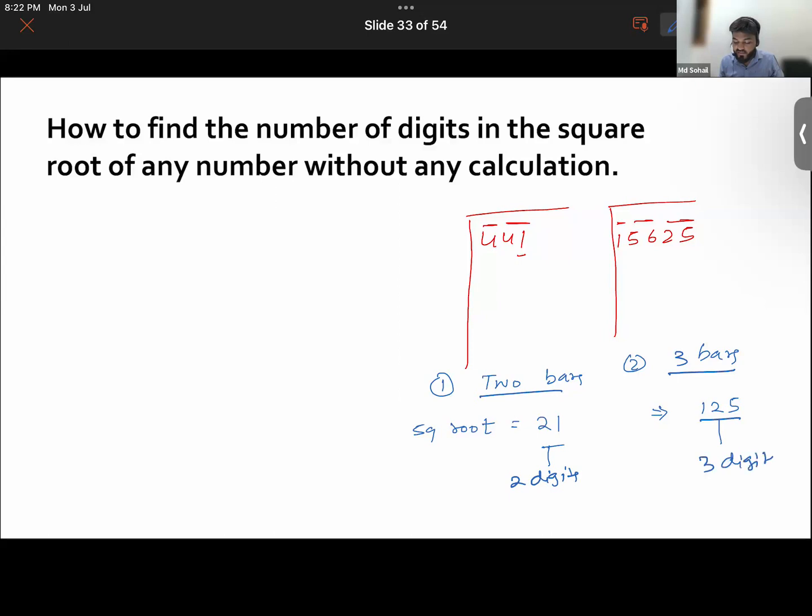Right, guys? So if you are asked to find the number of digits in the square root without actual calculation, via this method, you can quickly find it out. Hope you got this one. Yes, sir.